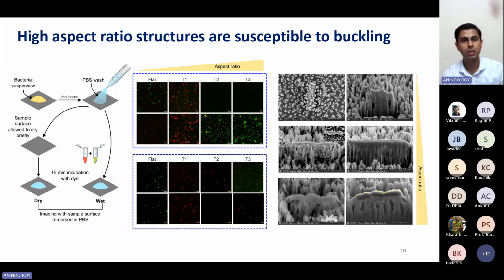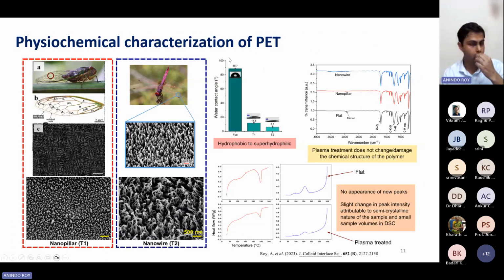So we wanted to test how the mechanobactericidal activity varies with aspect ratio on softer substrates, compared to silicon or titanium, which have a much higher elastic modulus in the range of GPa. The bacterial cell wall has an elastic modulus in the range of kPa, whereas these softer substrates will have an elastic modulus in the range of MPa.